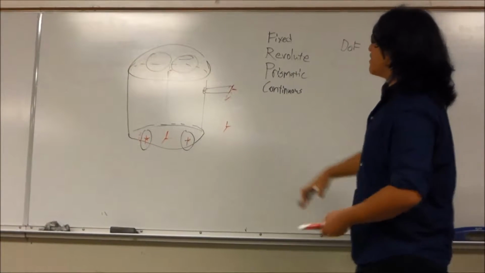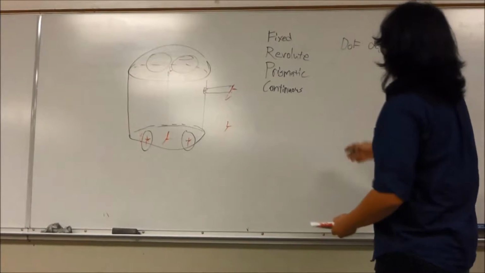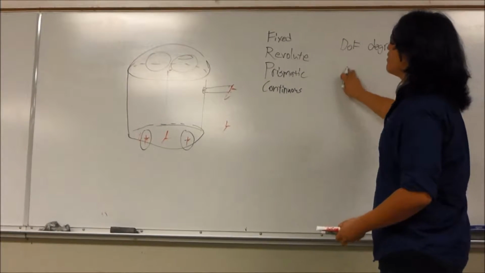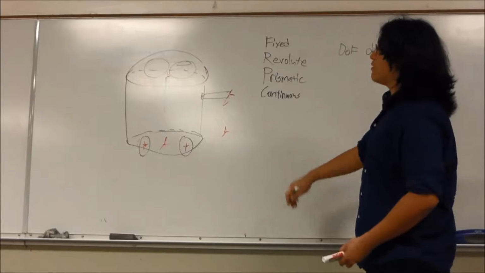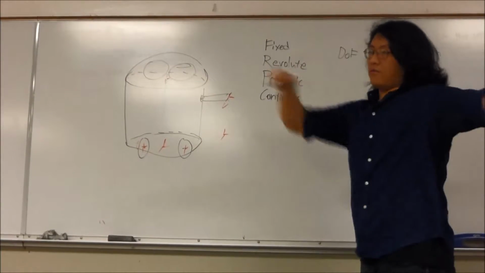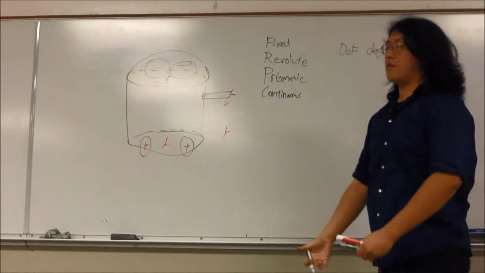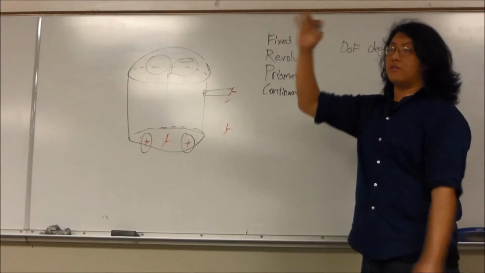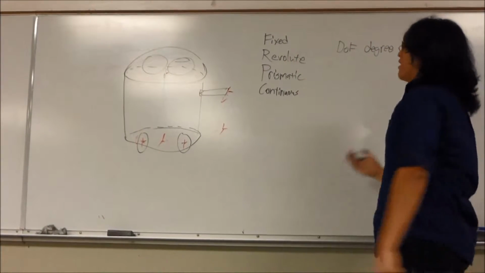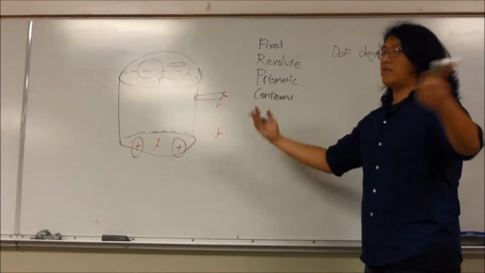When we refer to something floating in 3D space, we don't refer to it as 3 degrees of freedom, it's referred to as 6 degrees of freedom, because you have 1, 2, 3 linear directions that you move in, and then 3 rotational directions also along with that. So you actually have 6 degrees of freedom in 3D space.